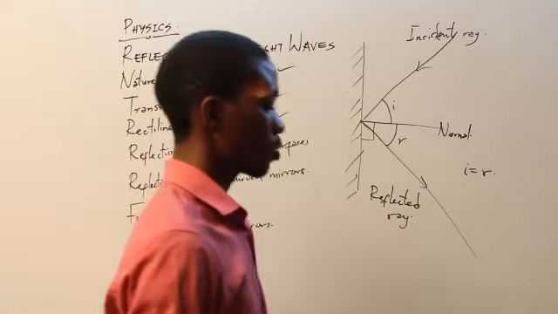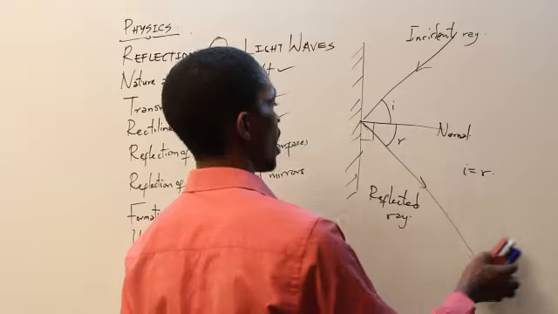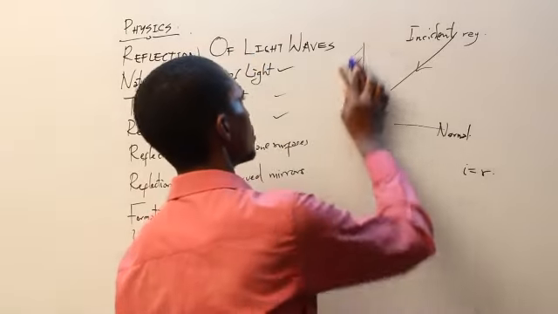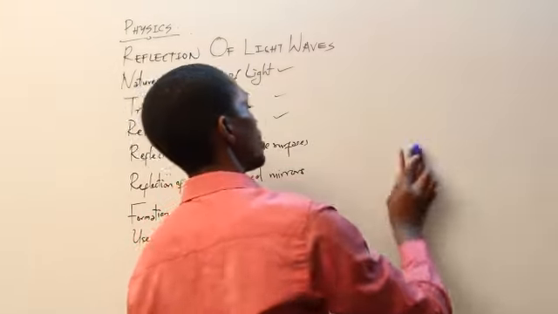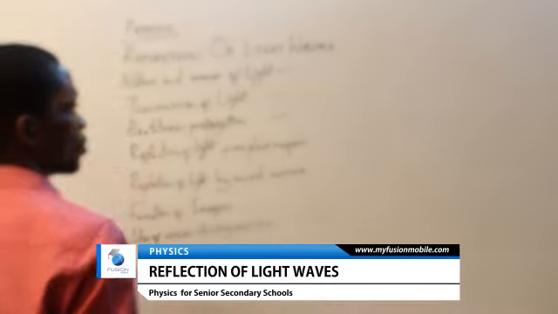What if in a particular situation I have a mirror set at a particular angle and I decide to tilt the mirror because I want to achieve a purpose? What would happen?